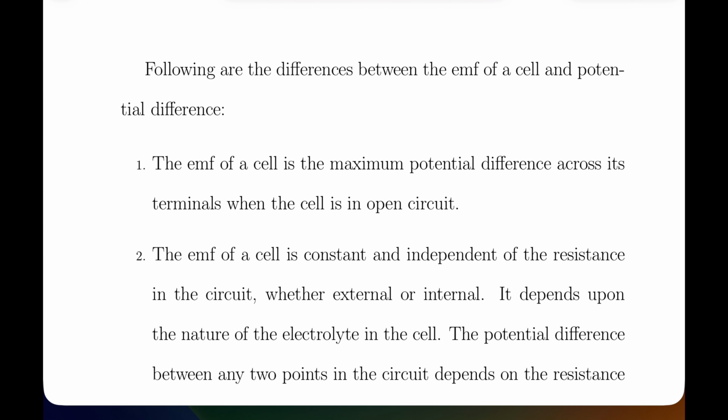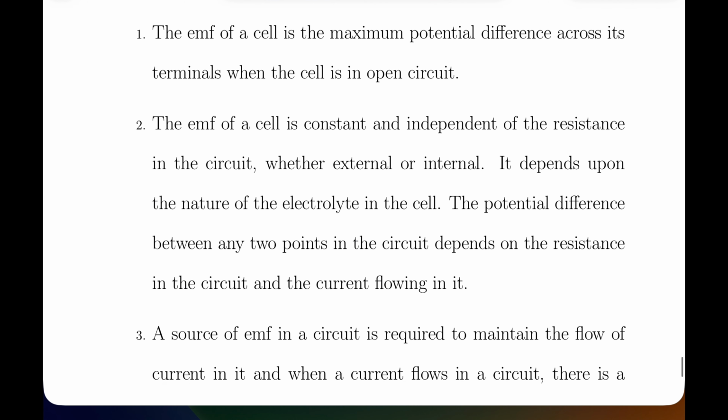Second, the EMF of a cell is constant and is independent of the resistance in the circuit, whether external or internal. It depends upon the nature of the electrolyte in the cell. The potential difference between any 2 points in the circuit depends on the resistance in the circuit and the current flowing in it.